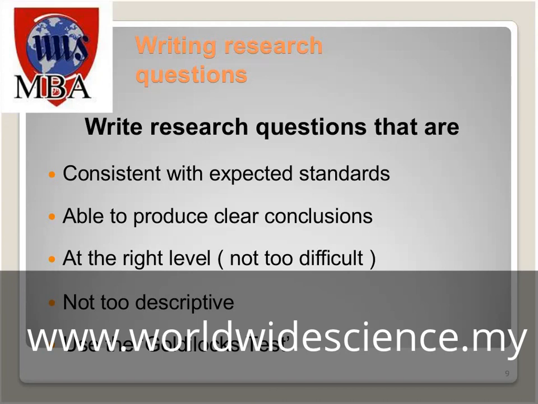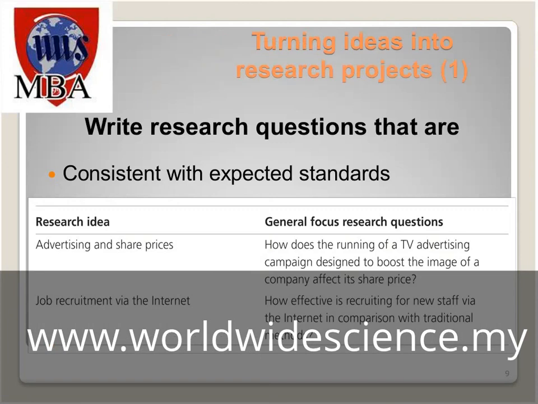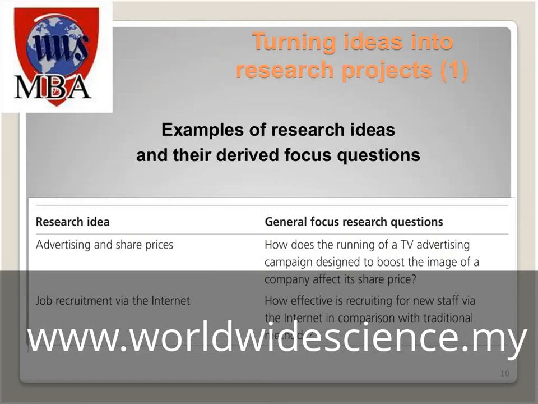When you write the research question, it should produce a clear conclusion as well, at the right level, not too difficult and not too descriptive, and use the Goldilocks test. This is an example of turning ideas into research projects. You can review this slide as an example.